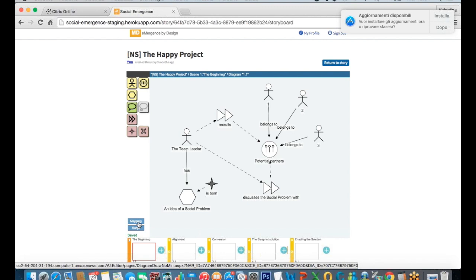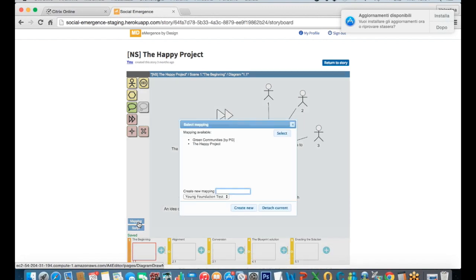So we did what is called the mapping, that is this little button here, and we selected the database of the Green Communities project. Here, as you can see, there are other databases that are those referring to other projects and other, let's say, community. So we select the Green Communities project.